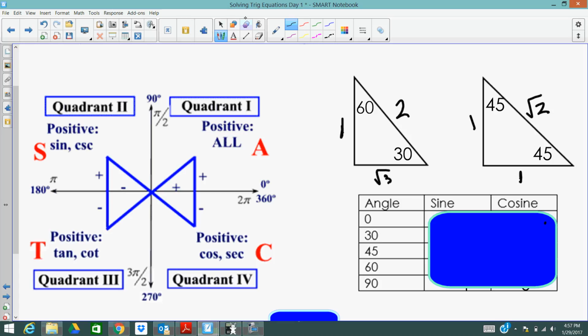So what I want you to do as a review is take a couple seconds right now, pause this video, and then fill in sine and cosine of these different angle measures. So for example, sine of 0 is right here, and remember that has the coordinates 1, 0.